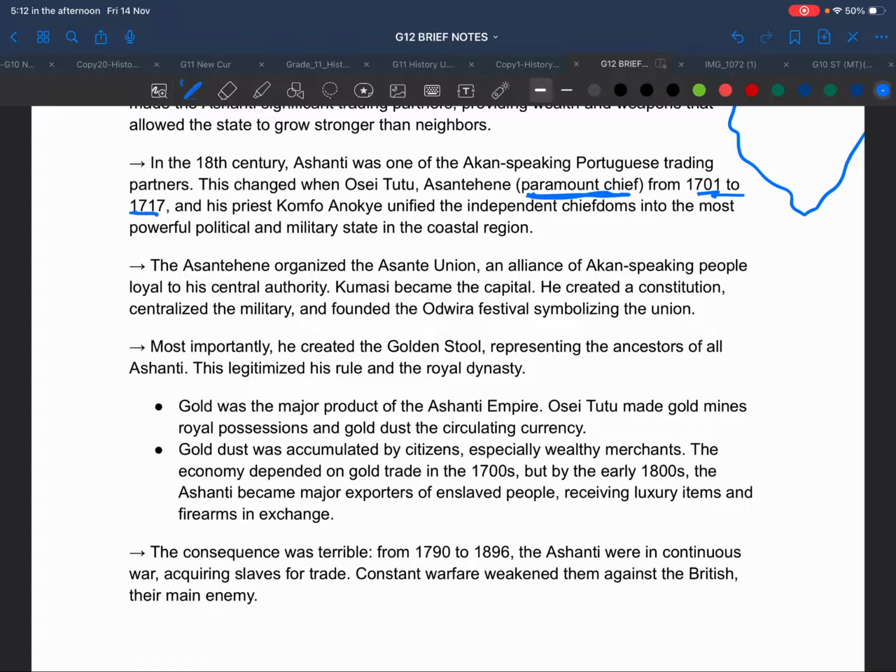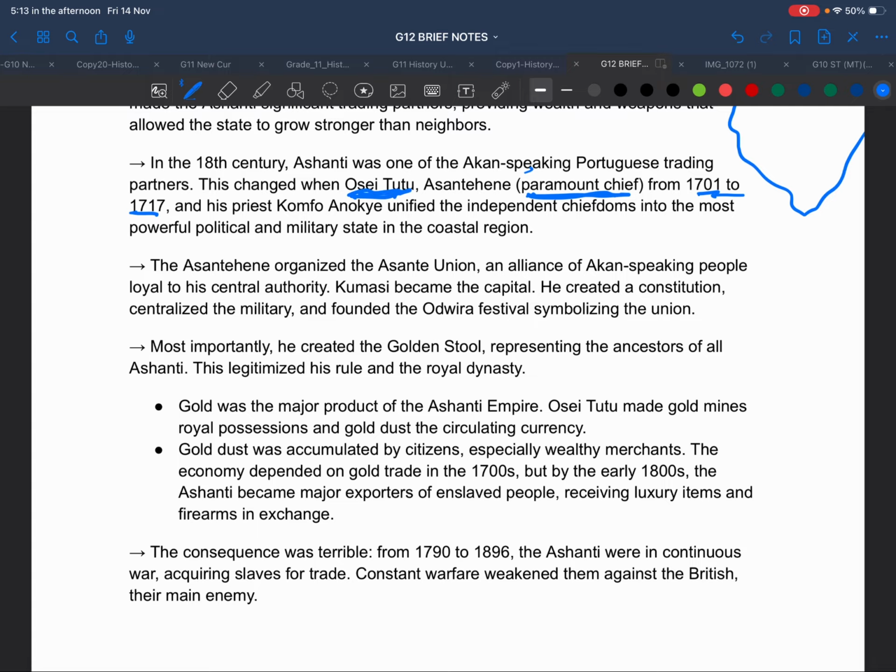This trading partnership with the Portuguese changed the mentality of the Ashanti king, the local chief called Osei Tutu.